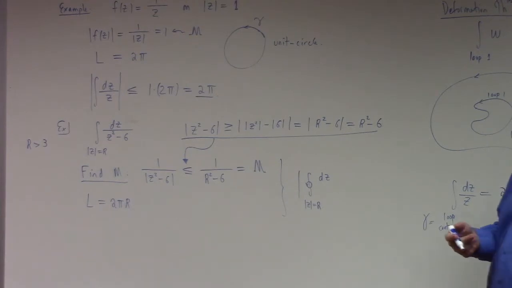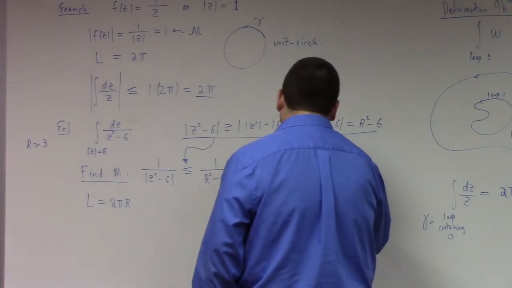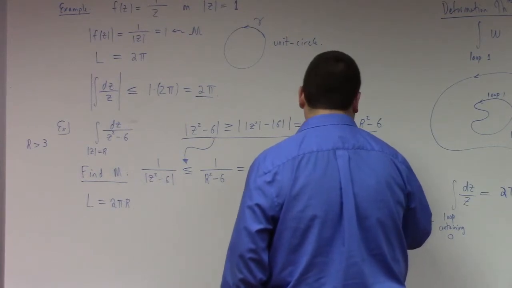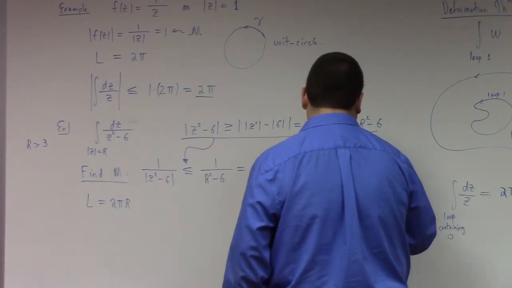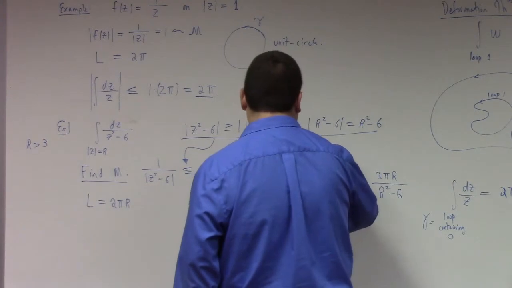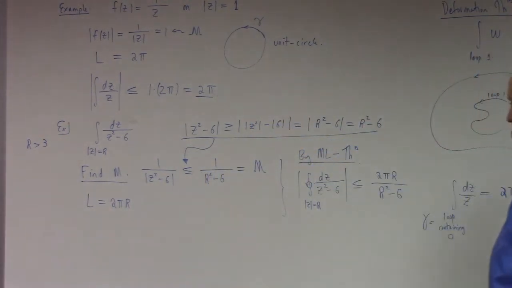So counterclockwise, clockwise, we wouldn't know the difference. The modulus of the integral of dz over z squared minus 6 is less than or equal to ML, which in this case would be 2 pi r over r squared minus 6 by the ML theorem. Which is pretty nice, because if you actually tried to calculate this integral directly, it's kind of a pain.